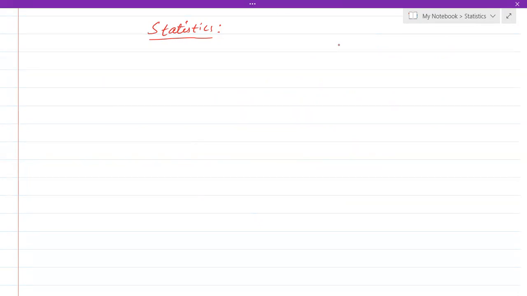So what is statistics? Statistics is a branch of mathematics where we collect data, isn't it? The data can be anything: the height of a student, the weight of a student, the marks of students, or the production of mobile phones. You collect it, you record it, and you analyze the data. Based on that, we can improve our performance, isn't it?